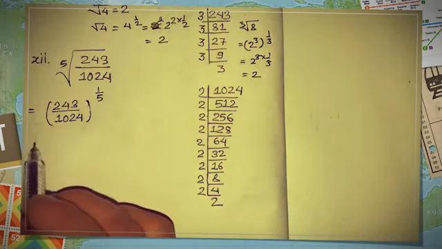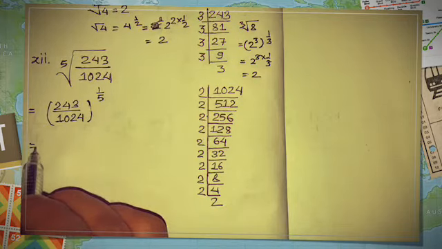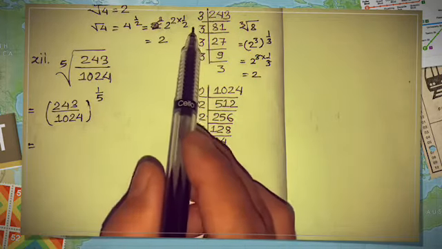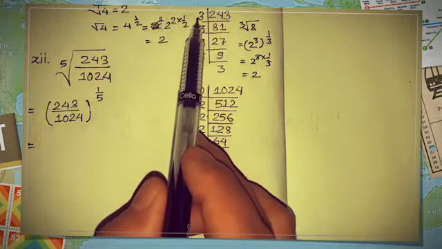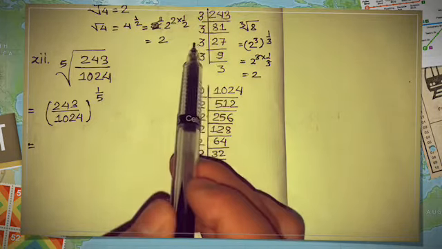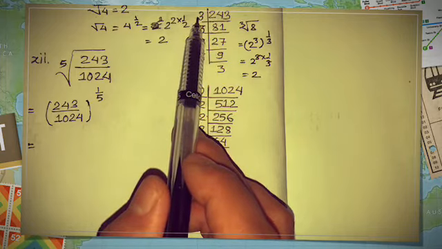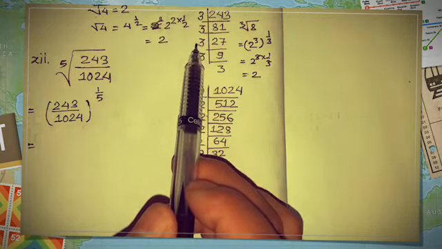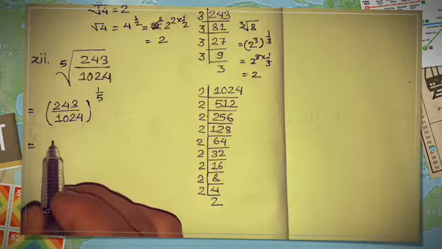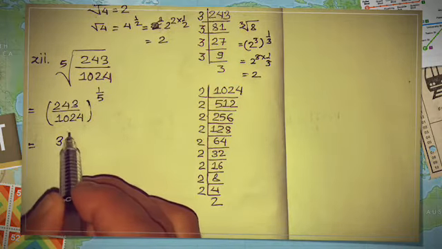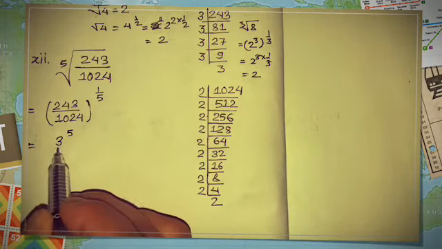Now after this, 243, you see here, is the product of 3 multiplied 5 times. So this can be written as 3 to the power 5.